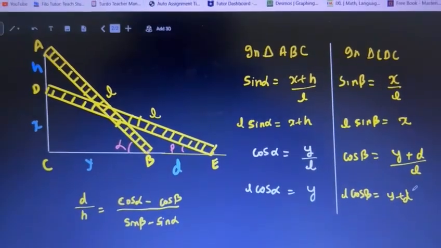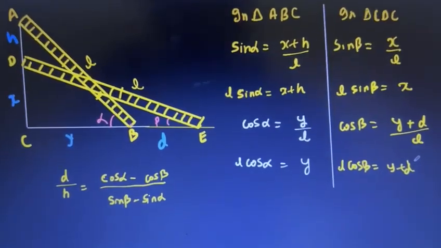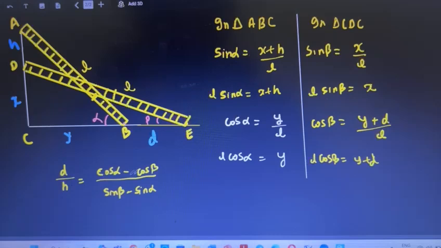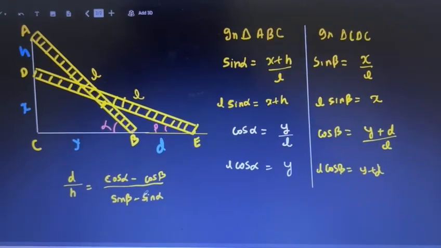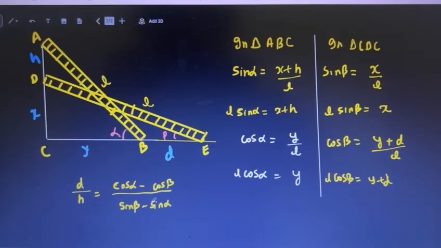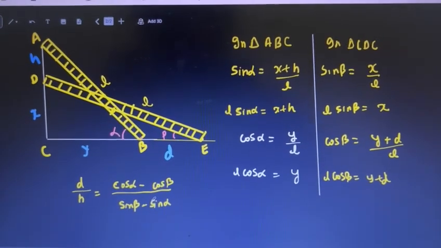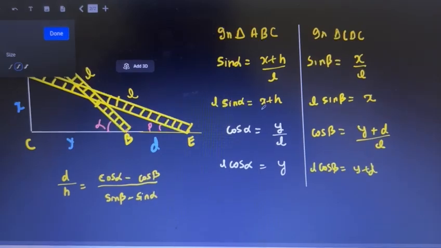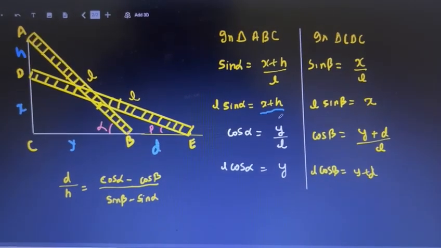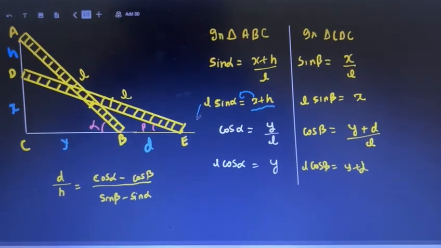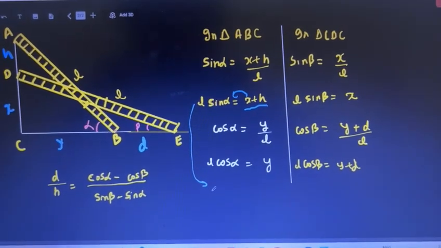Okay, now we derived sin alpha, cos alpha, sin beta, cos beta from this, and we have to prove D over H is equal to this. So now what we have to do is write equations in terms of D and H. Now look here, this is X plus H, so shift X on the other side.